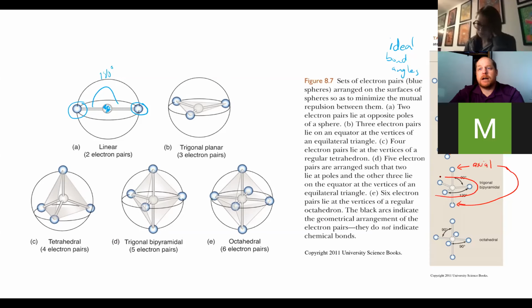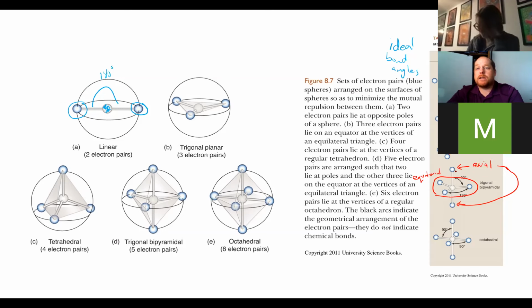Those axial atoms will form a 90-degree angle with each of the three atoms, one at a time, around the central part, or the equator, of the molecule. Those ones around the middle are called equatorial atoms, or they're at equatorial positions.